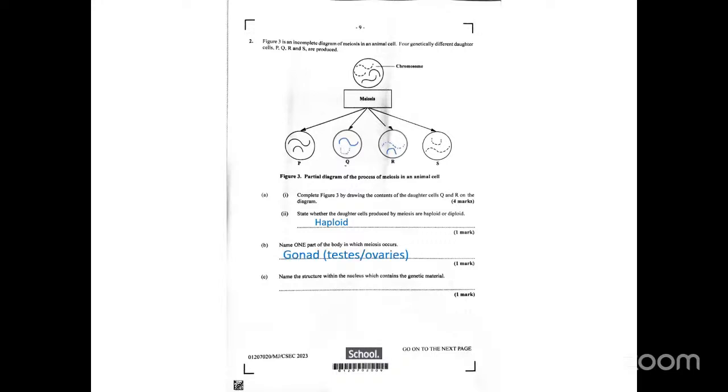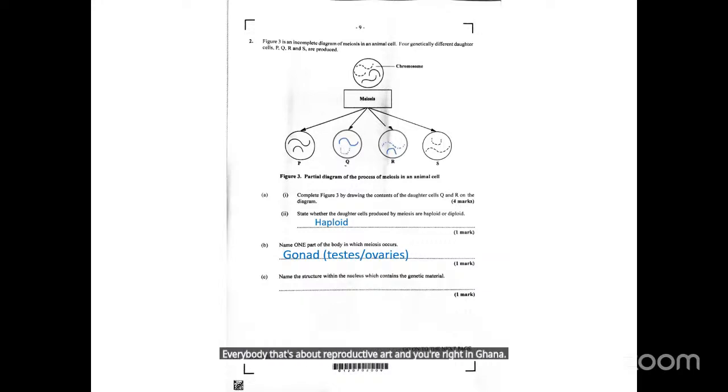Cool. So we have the gonads for the nerds. Sir, if I say reproductive organs, is it wrong? No. Okay. But we just want gonads. Everybody says reproductive organ, you're writing gonad.